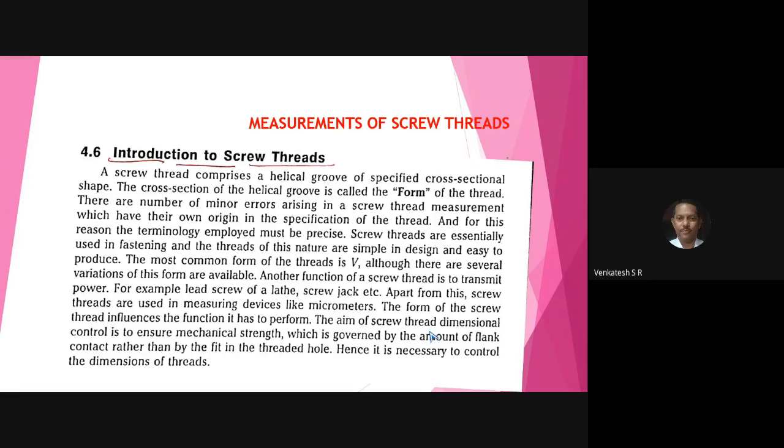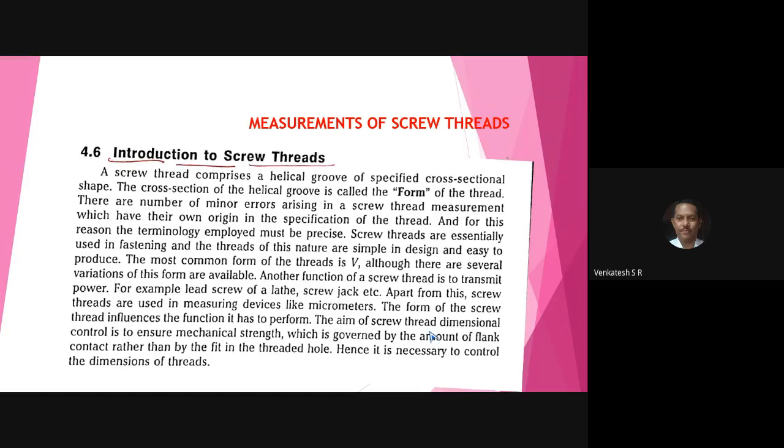So the functional aspect of V thread, square thread or any type of thread is very, very important. If you want to fix a component in an assembly, you require bolt and nut.